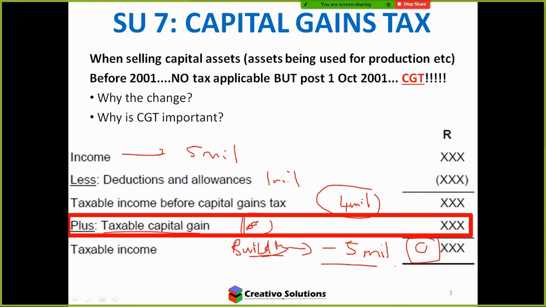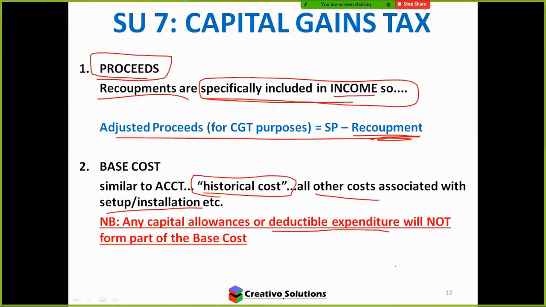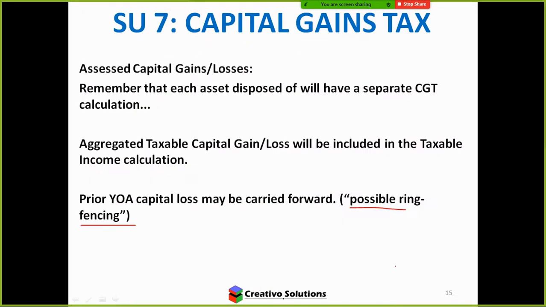So SARS might say, well, this asset that you've sold, this expensive machine or this property or this building or whatever, you cannot apply that here, you have to ring fence it. In other words, if you're ring fencing it, you cannot use that actual gain or loss.